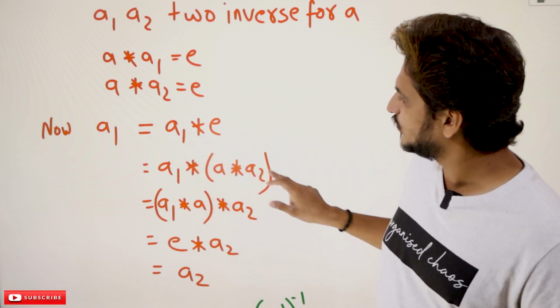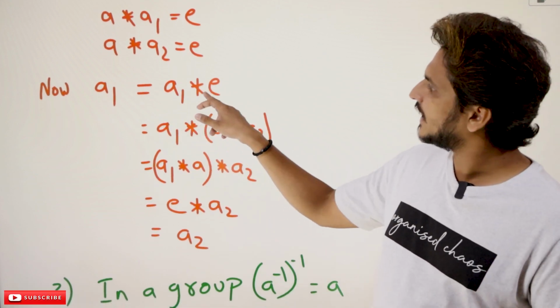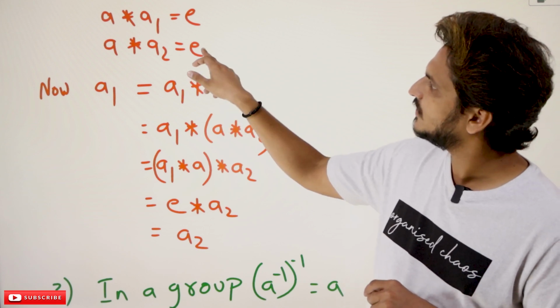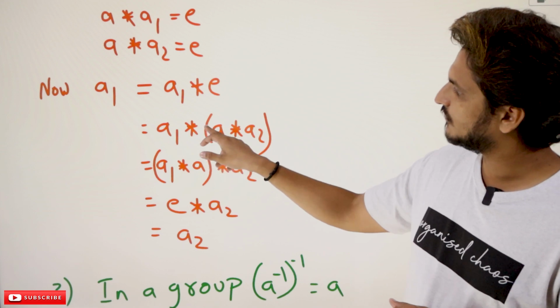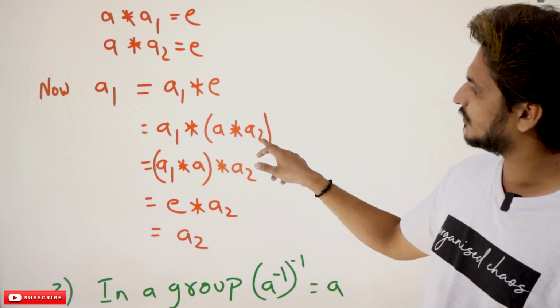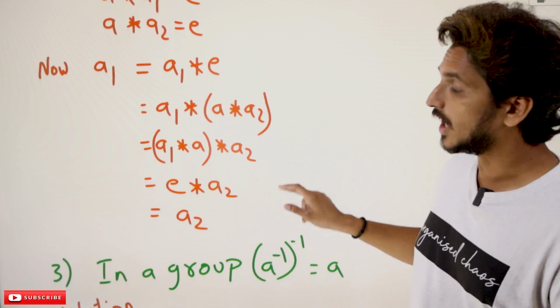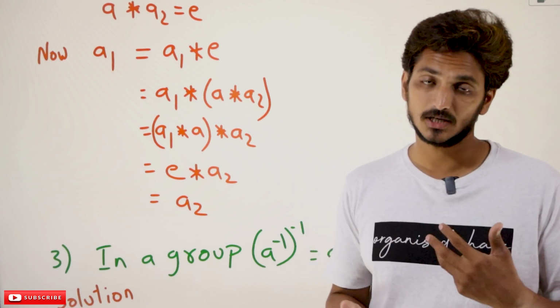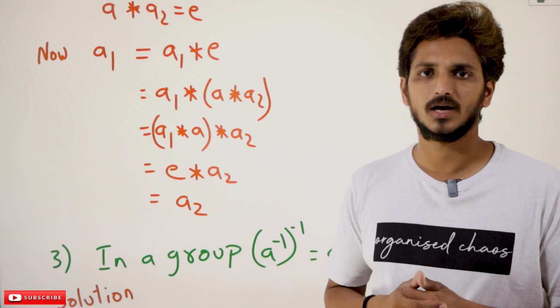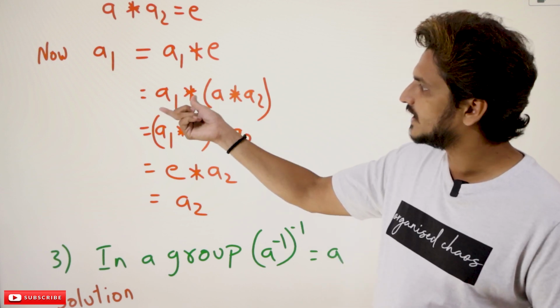Now from this we need to show A1 binary operation E. In place of E, we can write A binary operation A2. So A1 binary operation, A binary operation A2. Now in a group, we can apply the associative property because associative is accepted for a group. So these brackets can be placed anywhere.